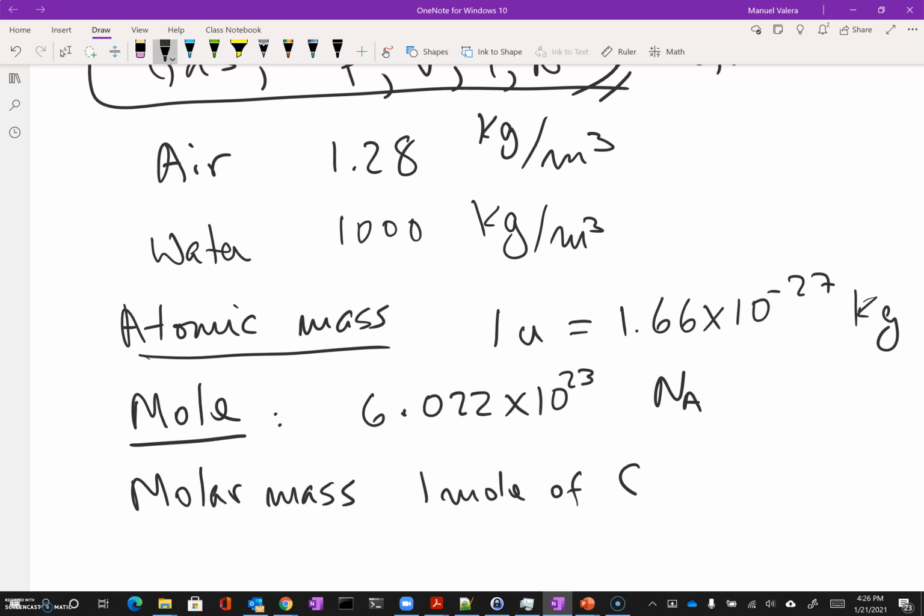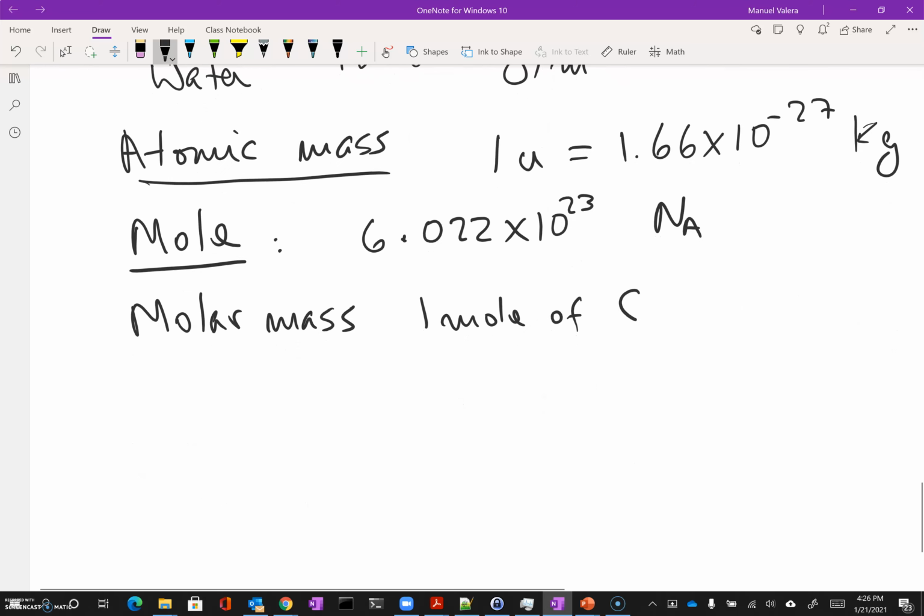If you multiply that number by the mass of one carbon atom, you get the molar mass. So that's an important quantity. If you take the total mass and divide by the molar mass, what you get is the number of moles. So the molar mass is an important quantity that we are going to study.